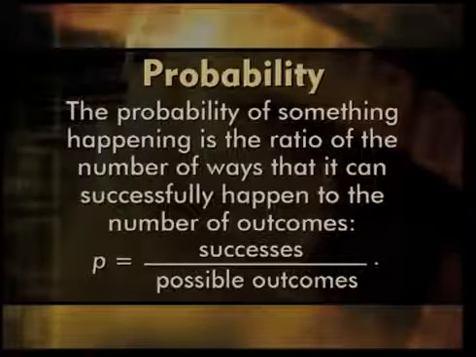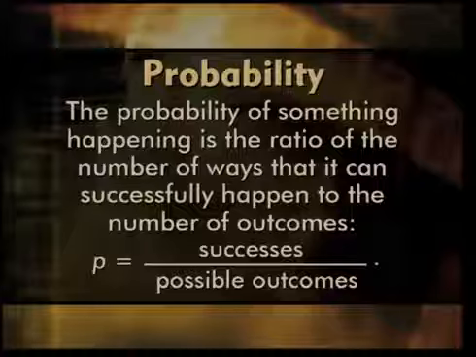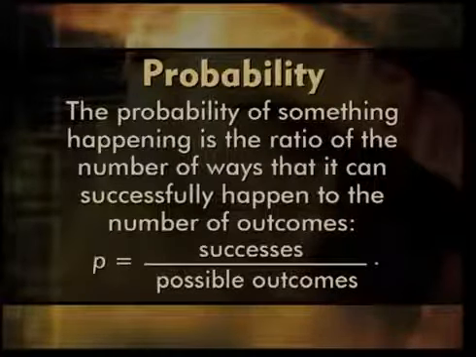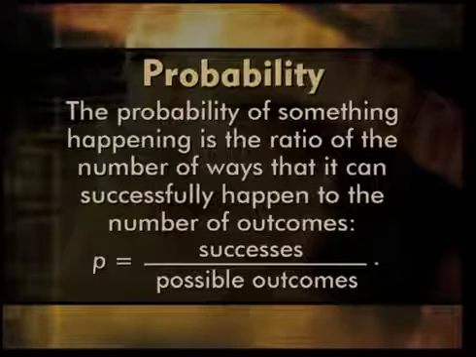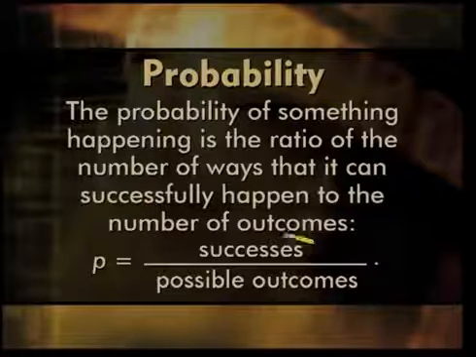Okay, so probability, if I were to give you kind of an explanation of it, is the ratio of the number of ways that it can successfully happen to the number of outcomes. So in our rain probability, the idea of my yard getting wet, that's success.